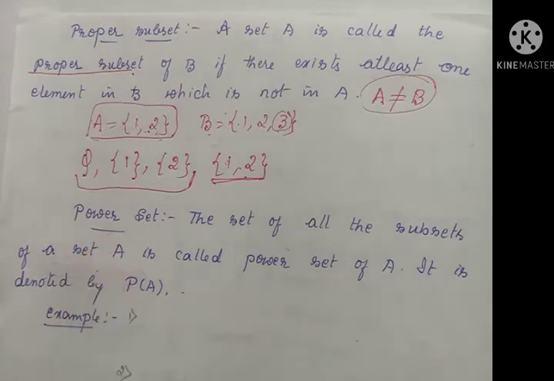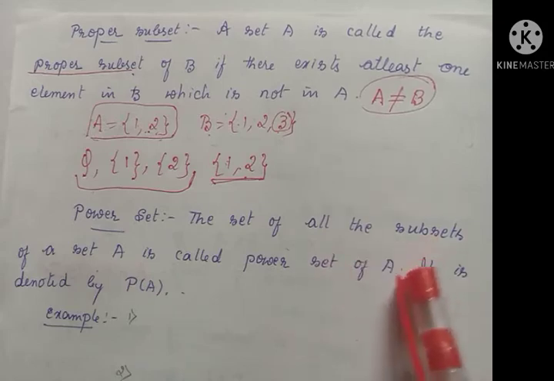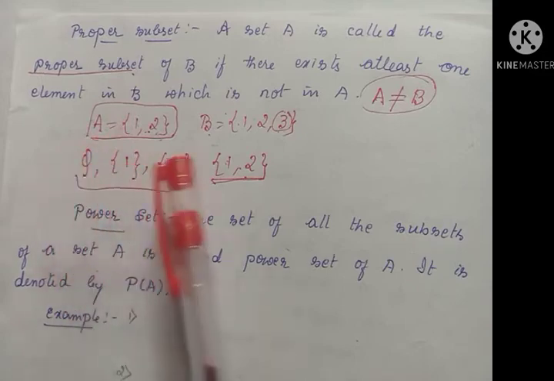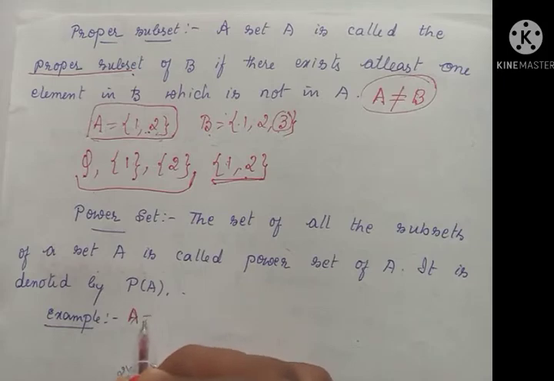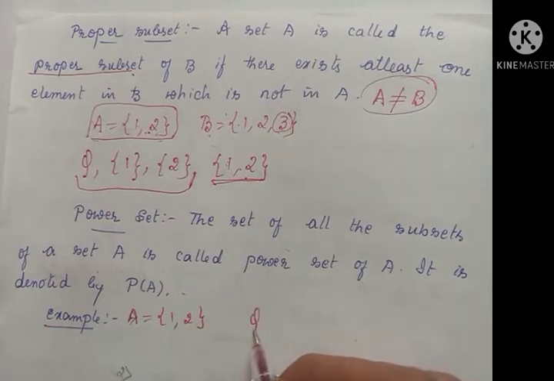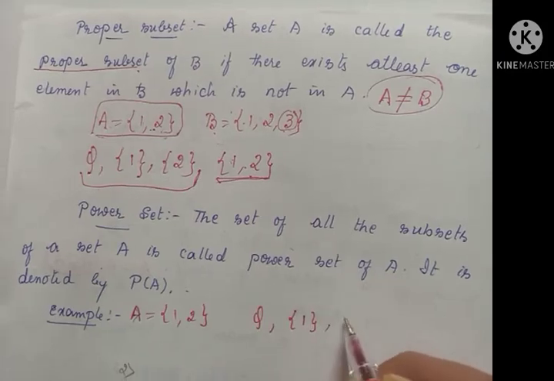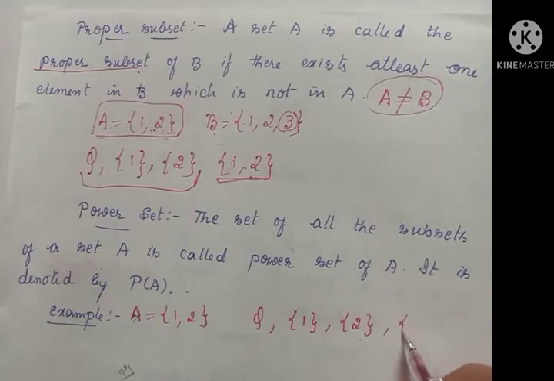So once again, a power set is the collection of all subsets of a set A. For this set A = {1, 2}, the subsets are the empty set, the set having the element 1, the set having the element 2, and the given set itself.